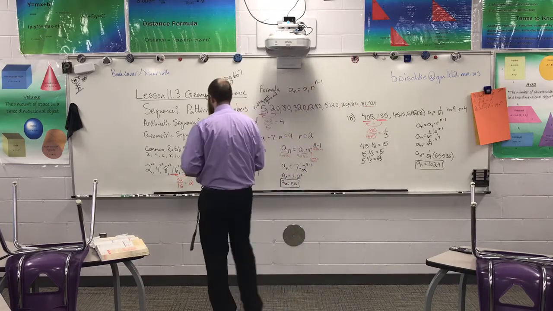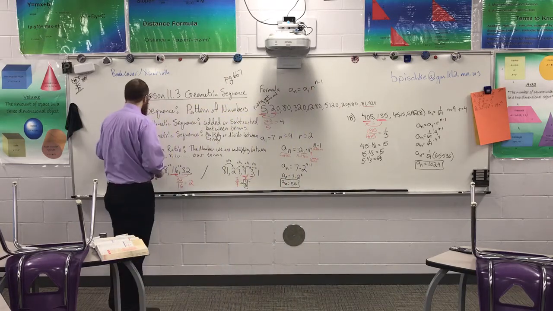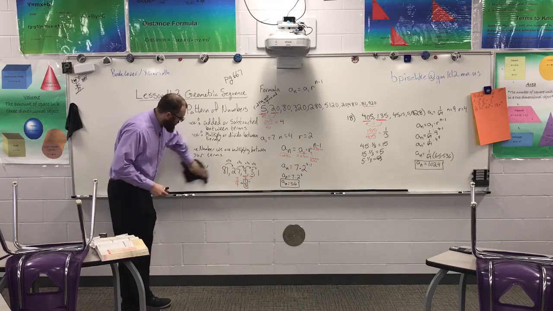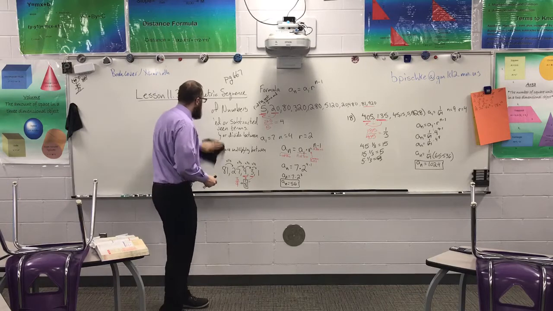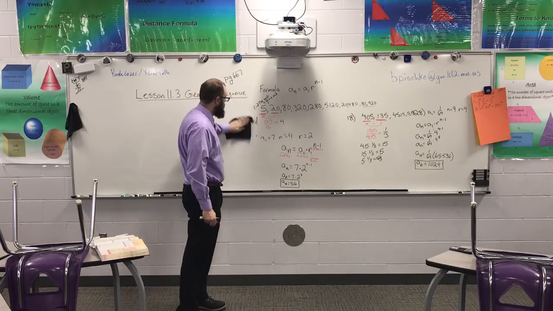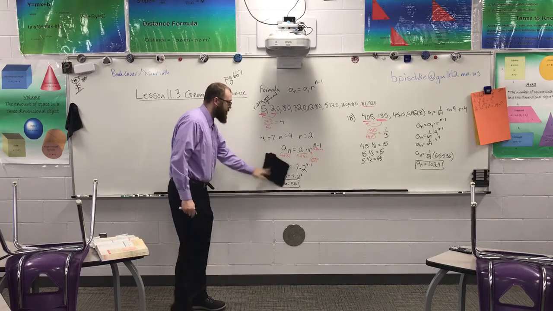Hopefully that worked okay for everybody. Remember to do your power first, and then after you're done with your power, you can multiply. If I had multiplied that 1/64 by 4 first, I would have gotten the wrong answer.